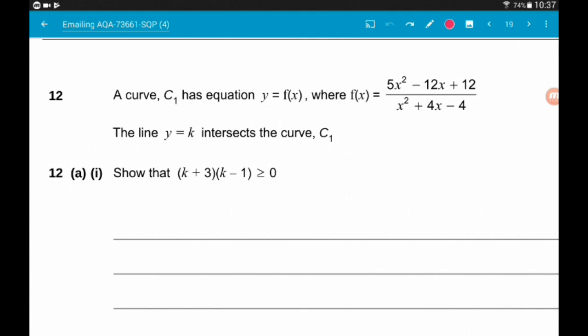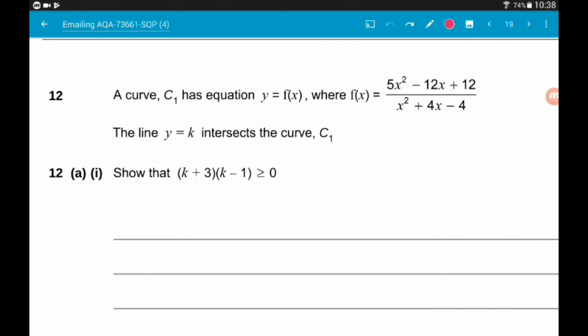If there is only one real solution, the discriminant would equal 0. If there are two real roots, then the discriminant is greater than 0. So we don't know how many points of intersection there are, but we do know there is at least one. There could be two, so the discriminant is going to be greater than or equal to 0. So that is where this inequality is going to come from.